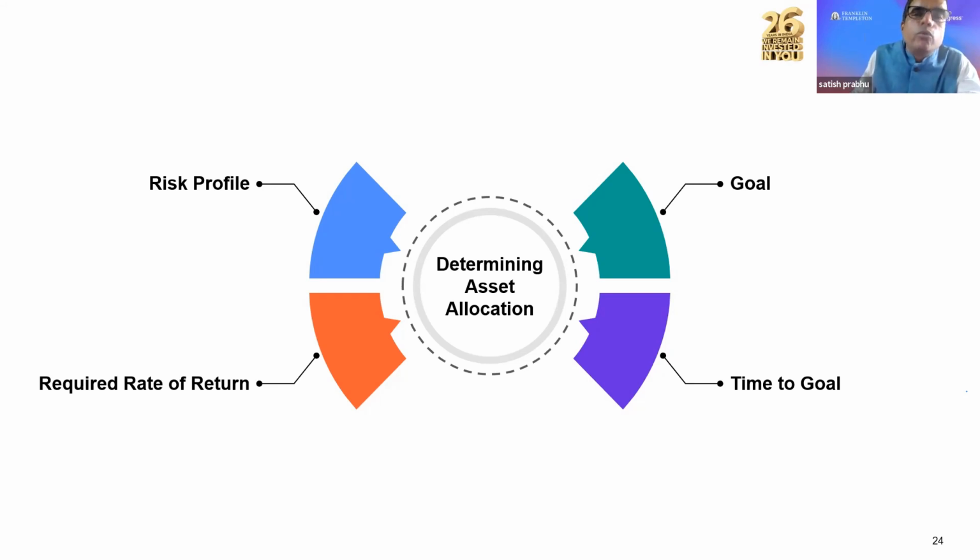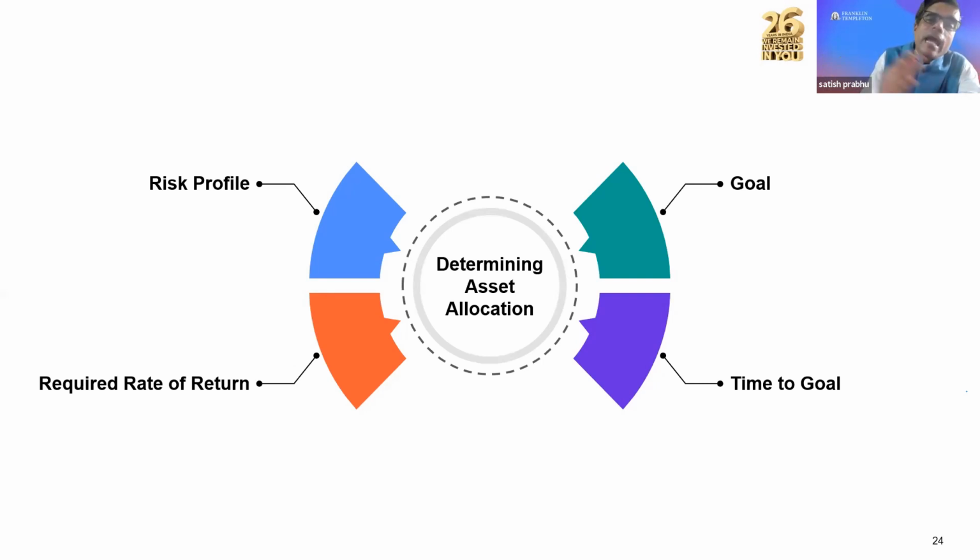So what you do is that you gradually move your corpus over the last few years, whether it's 3 years, whether it's 4 years, but gradually over the last few years, as you near your goal, slowly move that money to debt. That will help you keep your corpus safe as your goal nears. But if you have a goal that is far away, it is always prudent to put more money in equities.